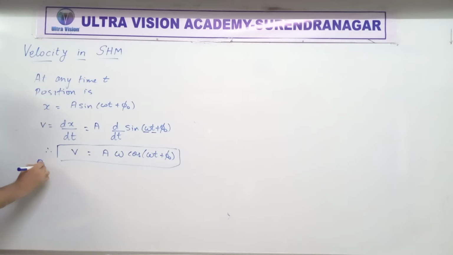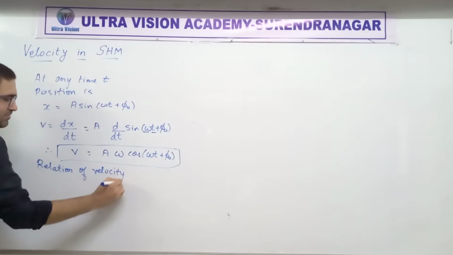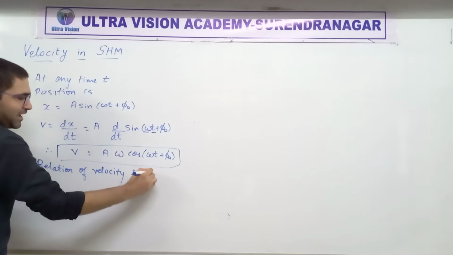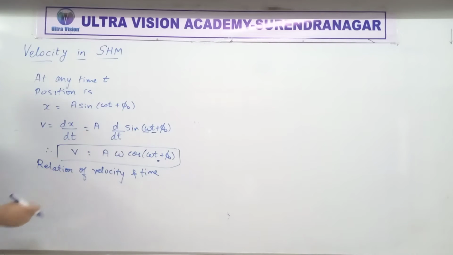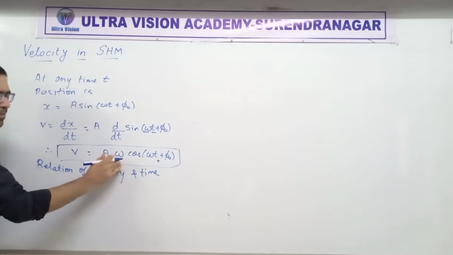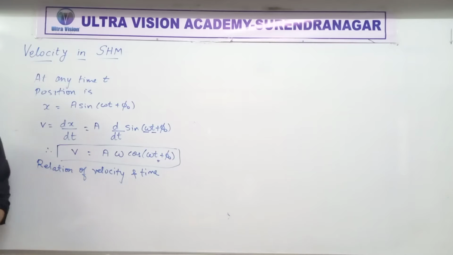This is giving you the relation of velocity v with time t. Other things, they are all constant: amplitude, omega and phi 0. Is it clear?